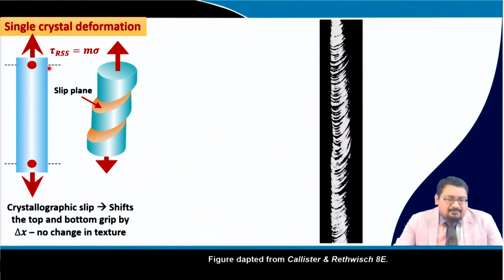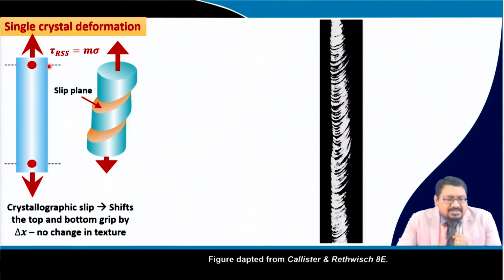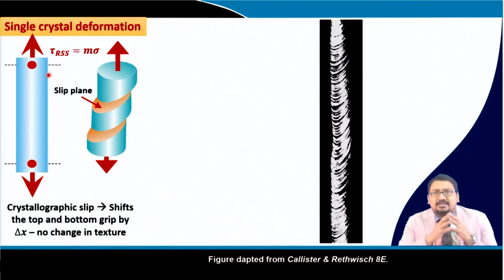When we are pulling a sample or a tensile specimen like this, we will see, as I said in the last slide, that the one slip system which will have the highest tau RSS, with the combination of the Schmid factor m and the loading stress sigma, will start to deform plastically first, because it will reach the critical resolved shear stress much earlier than any other slip systems, right.